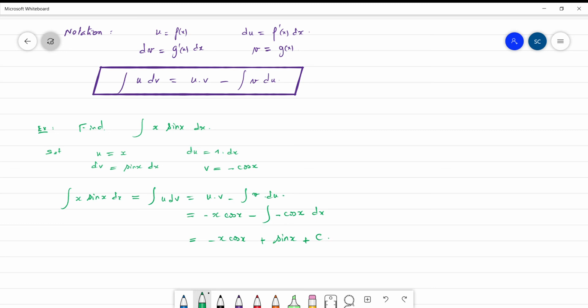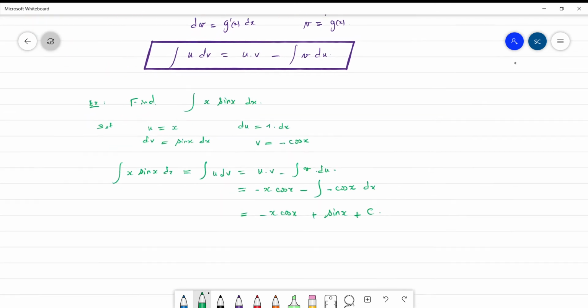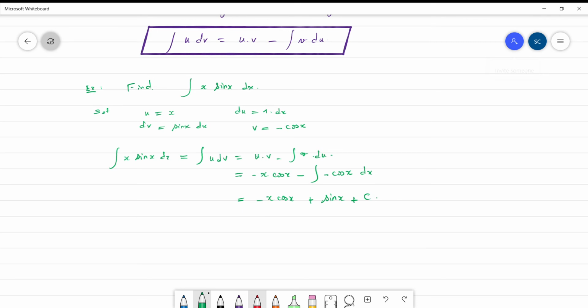Let's do another example. Second example: find the antiderivative of ln x dx.